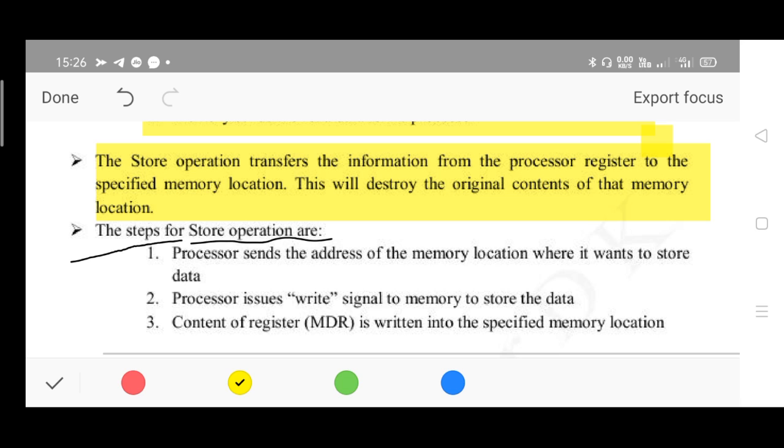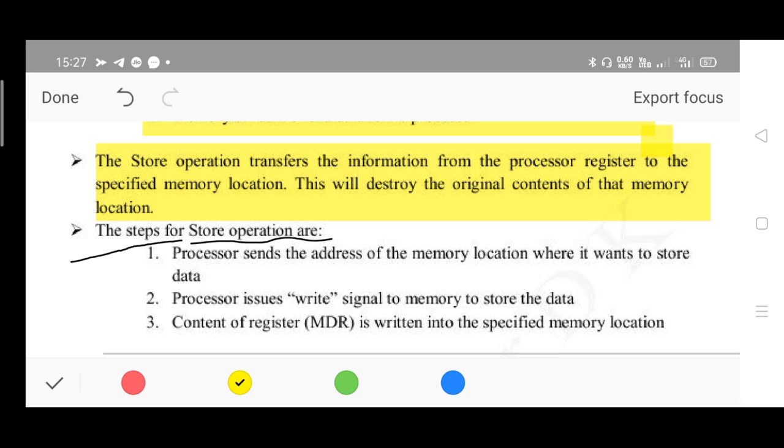The second step is that the processor issues a write signal to the memory to store the data. Earlier it was a read signal, isn't it? Now it is a write signal. Now the content of the register MDR, the memory data register, normally holds the data which is to be permanently stored in the memory location. So data will be transferred from MDR. If you have forgotten what MDR is, just recall, watch my previous videos on the relationship between processor and memory.